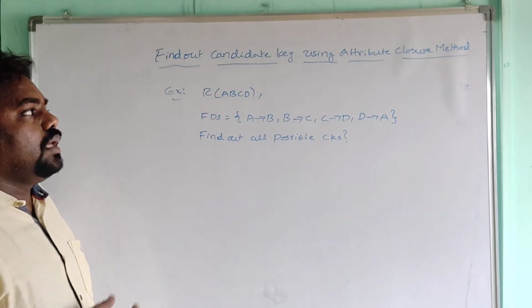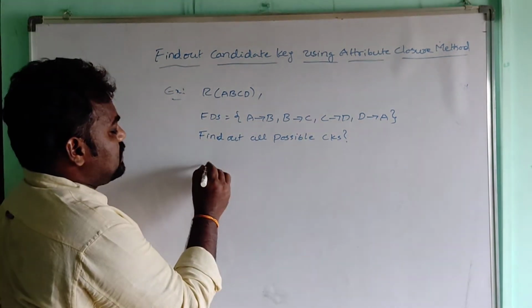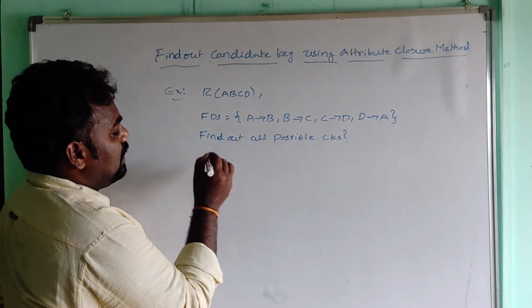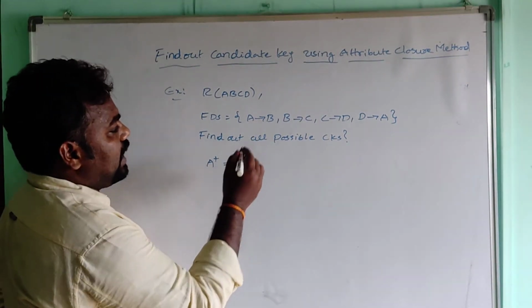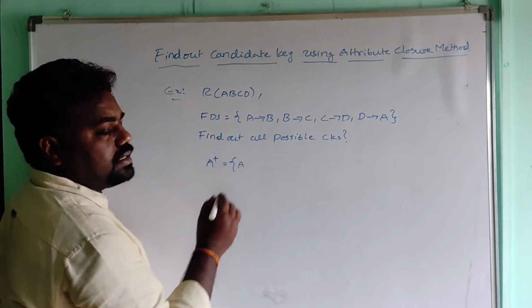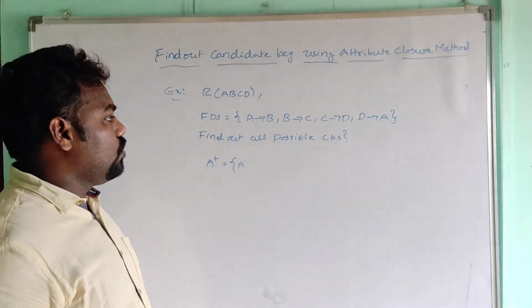Since we are following the attribute closure method, first we are finding A plus. By using A plus, we can determine A always by using a trivial functional dependency or reflexive rule.